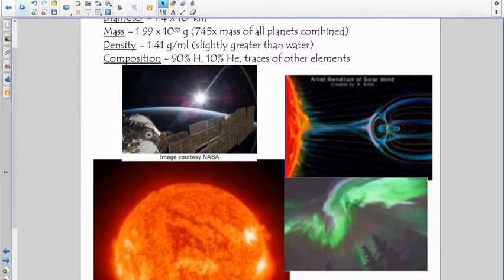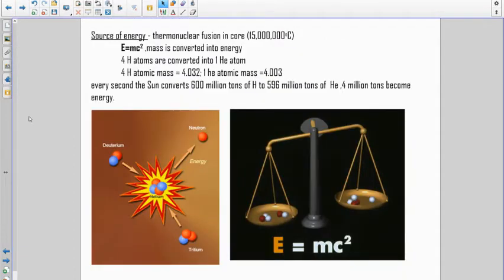Okay. Coming over here, this is a really important part of what we're talking about. The source of energy for the sun and any star is thermonuclear fusion. And then here is Einstein's very famous formula, E equals mc squared. This formula says that energy is equal to mass times the speed of light squared.